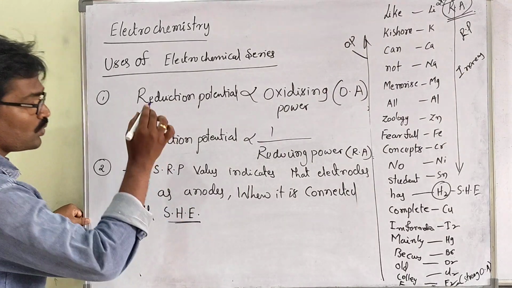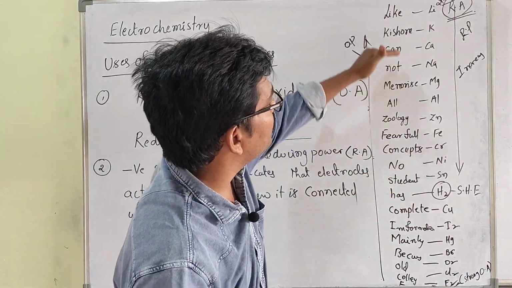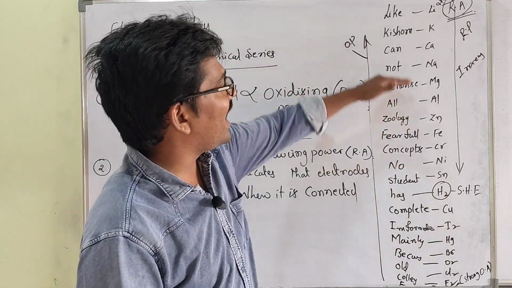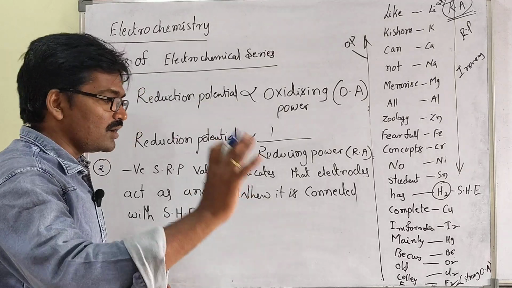Standard hydrogen electrode కి connect చేసినప్పుడు నెగటివ్ SRP వాల్యూస్ ఏవైతే ఉన్నాయో అవన్నీ కూడా యానోడ్ గా వర్క్ చేస్తాయి. All these are acting as an anode, which are having negative SRP values.